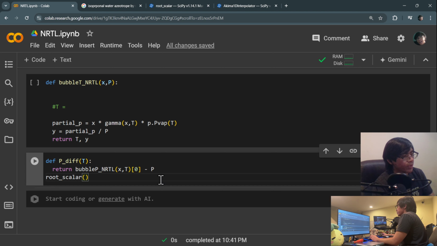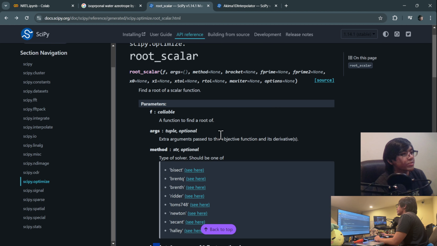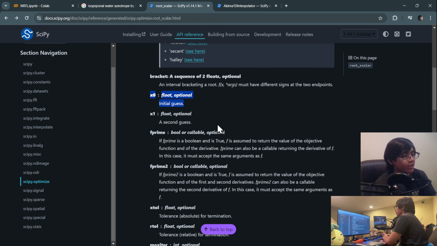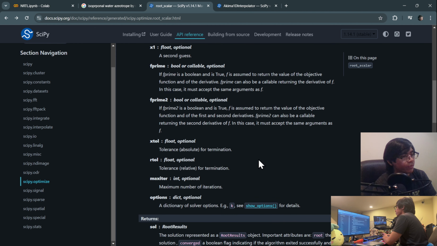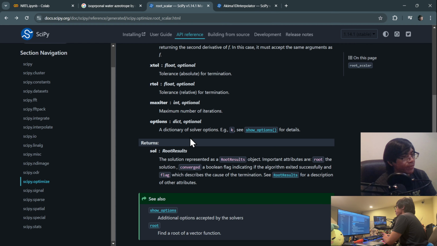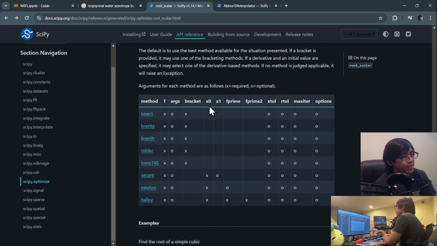So we do supply our function. Well, let's just look. Root scalar, we supply our function, and then that's right, we had the two different methods I was saying. So I think I said I wanted to do an initial guess for our function rather than the brackets. So if we have an initial guess, that's x0, which is required for secant, and we don't want brackets, so that's what we want.